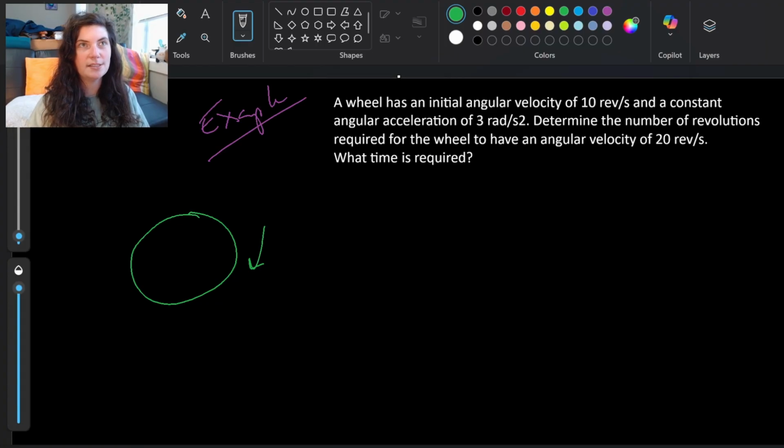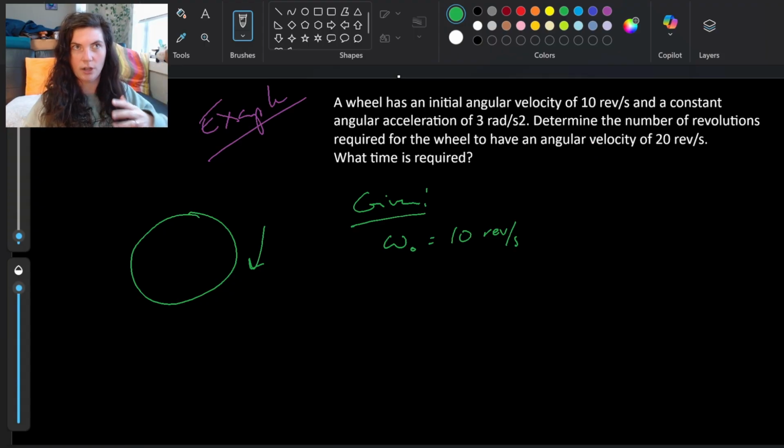A wheel has an initial angular velocity, our omega naught, of 10 revolutions per second. Now, this may have tripped you up if you didn't clock that this was a revolution and not a radian. You're going to have to convert this angular velocity into radians per second from revolutions per second for anything to work in this problem.